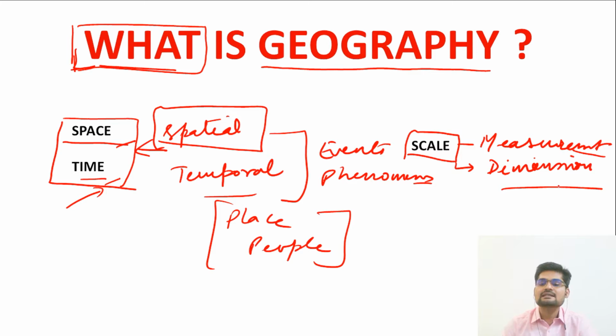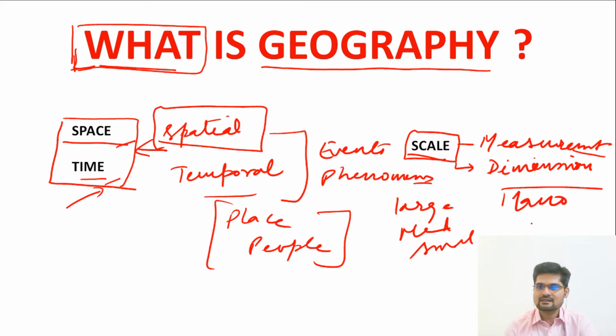So to understand and measure the dimensionality, there is a concept of scale. So large scale, medium scale, small scale, macro scale, meso scale, micro scale, all these things that we study in the geographical understanding of space and time.